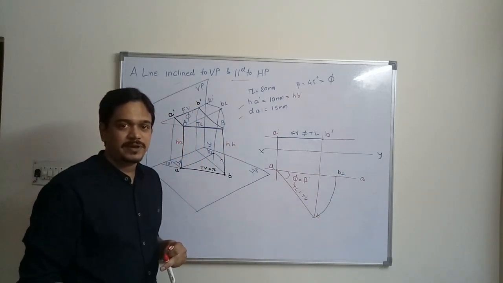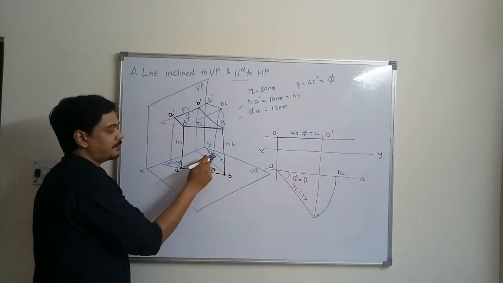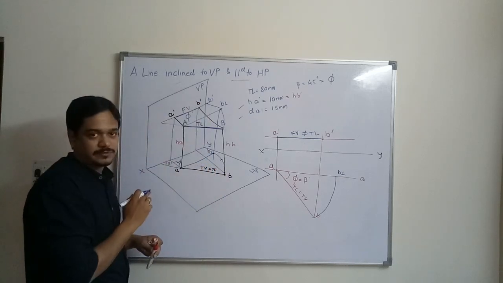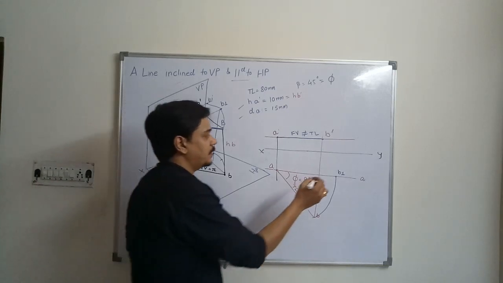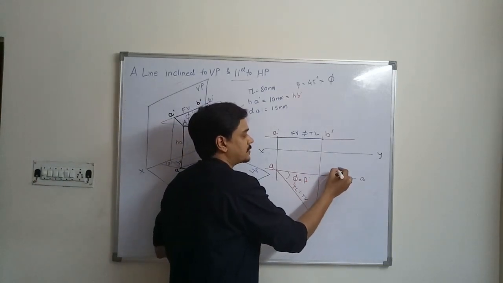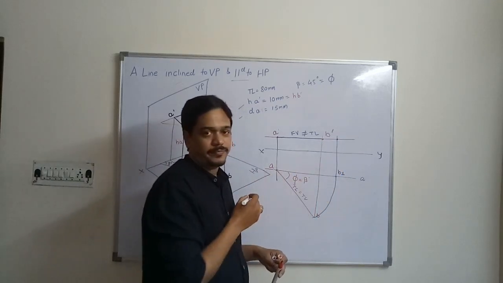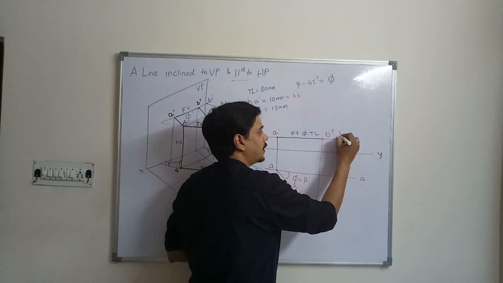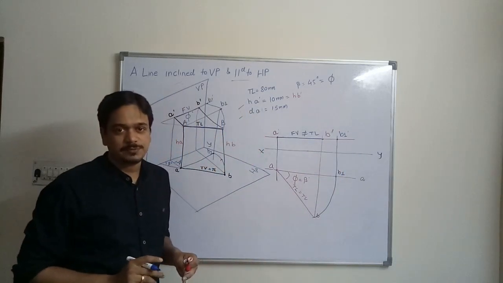So how to find out B1 dash point? It is very simple. You have located B1 point. The projection should match. That is, B1 dash will be above B1 point. So this will be extended up to the position of B. So this point will be termed as B1 dash point.